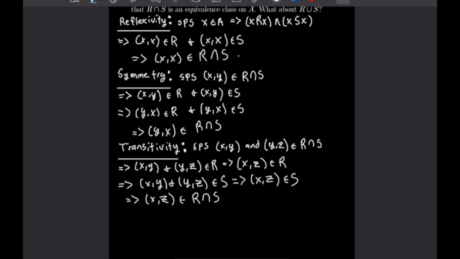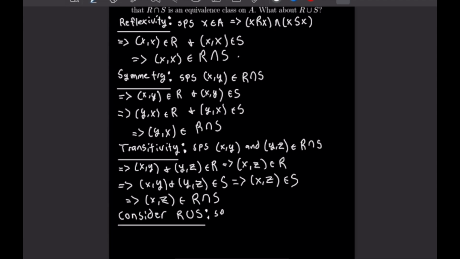So I'll go ahead and write that down. We're going to consider R union S, and this will actually fail transitivity. So let me show you how that fails transitivity. So we're going to suppose that A is equal to {1, 2, 3}, and that we have R and S defined in the following way.